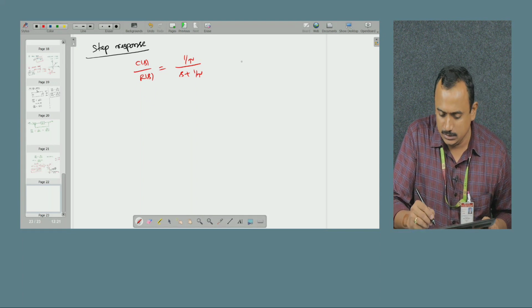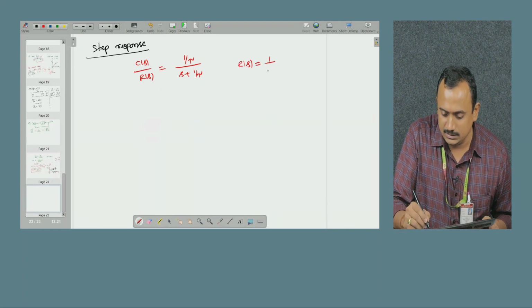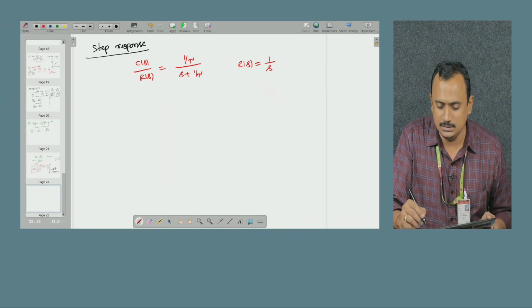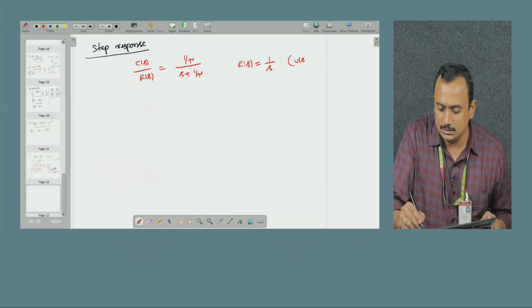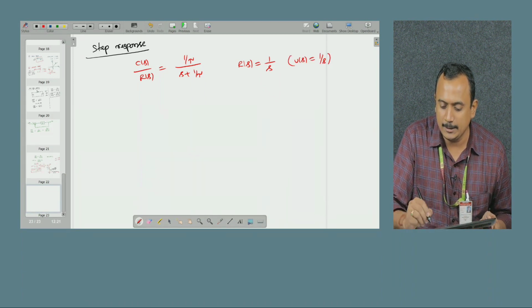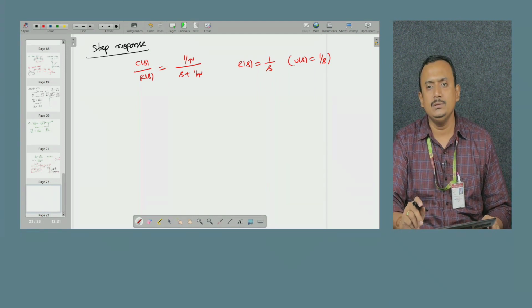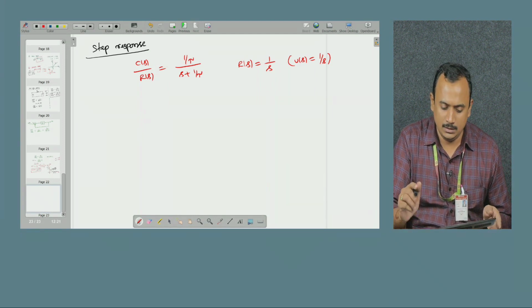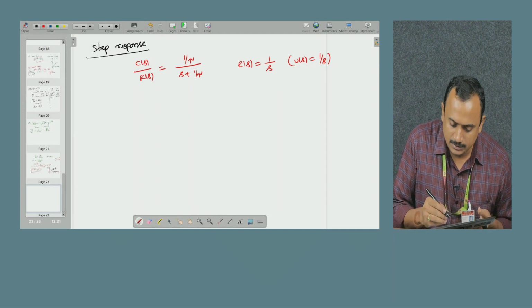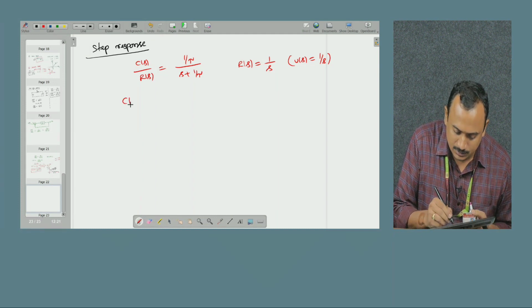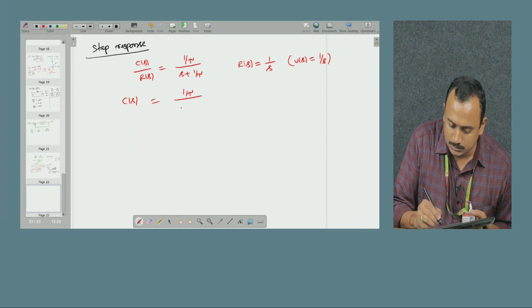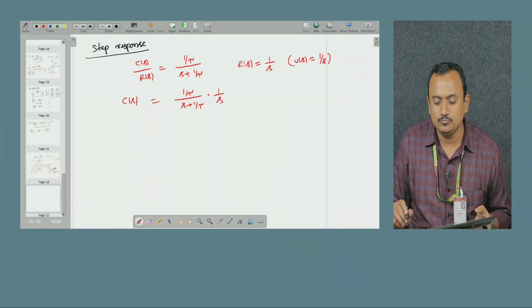What is input? Nothing but step, that is R of s is 1 by s, since u of s is 1 by s. Here R of s is equal to u of s. Now if I apply the step signal to this first order system, what will I get? 1 by tau by s plus 1 by tau into R of s. That R of s is anyhow 1 by s.